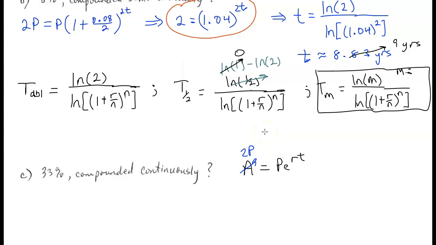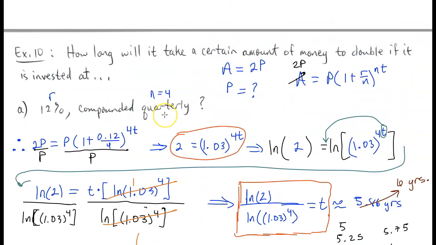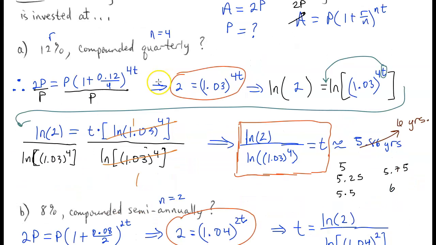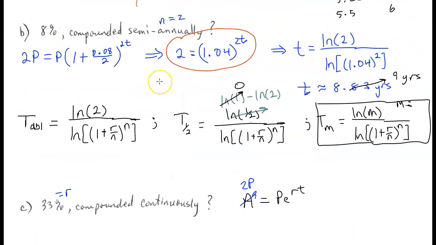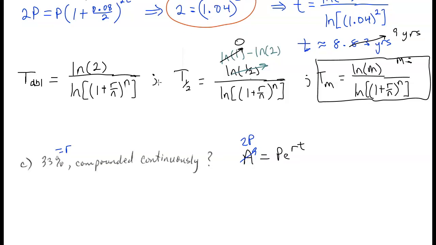And so if we do that, of course, the interest rate here is going to be 33%, and compounding continuously, we know that the e takes care of that. And for t, let's remember that's the thing that we're trying to solve for. So we pretty much have everything that we need.